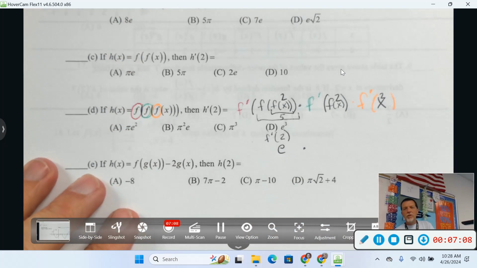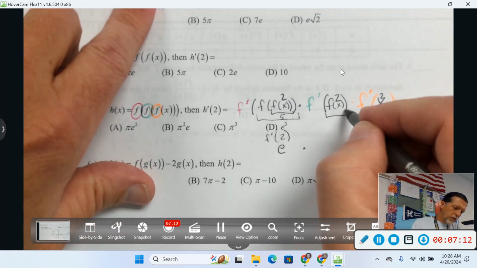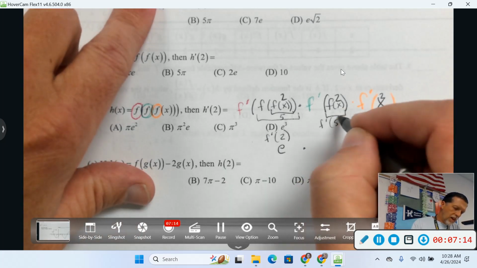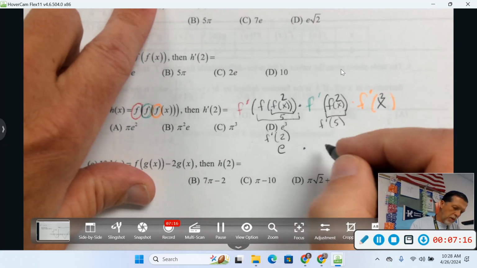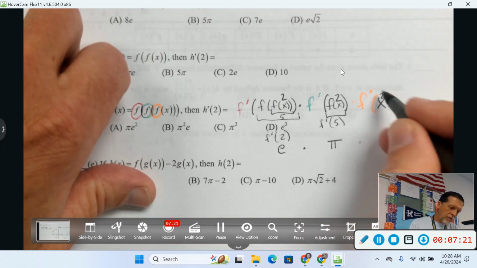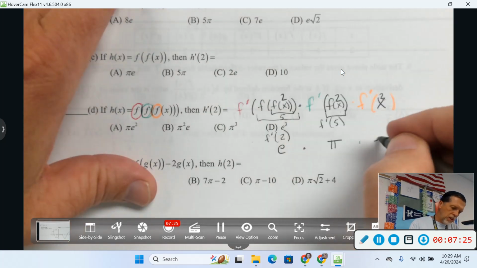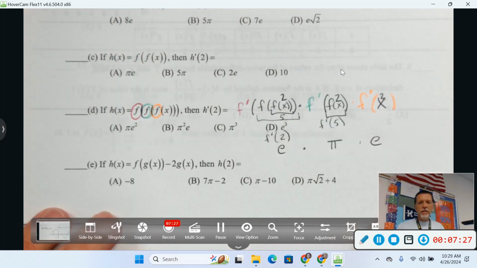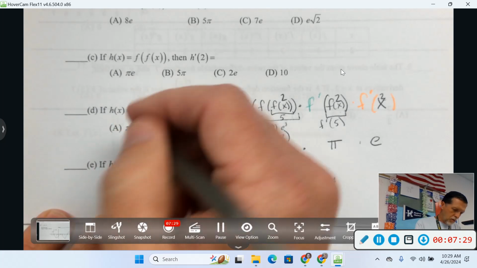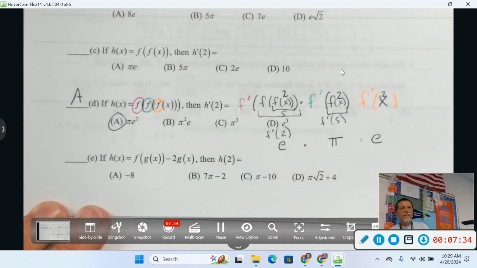Although that was the worst one. f of 2 is 5. f prime of 5 is pi. And then the last one, f prime at 2. f prime at 2 is e. So e squared times pi, or pi times e squared. A wacky problem. So there's 3 f's back to back to back.